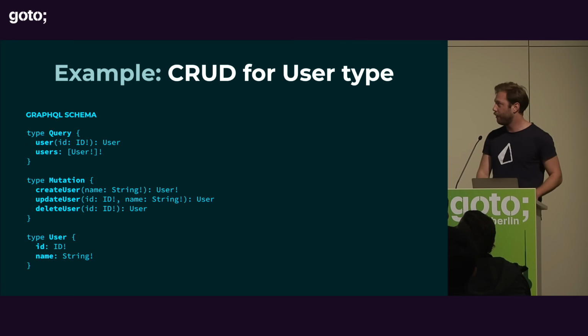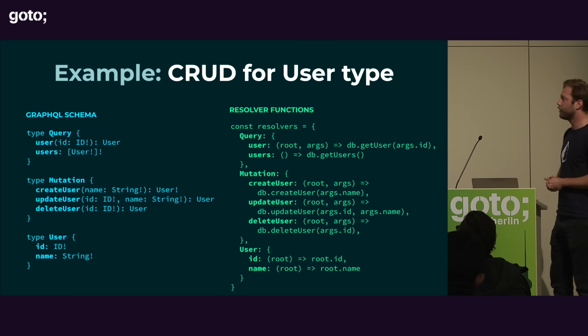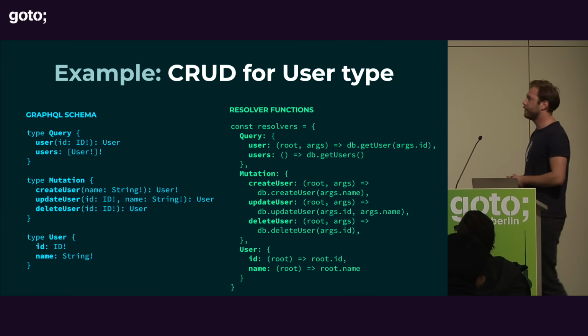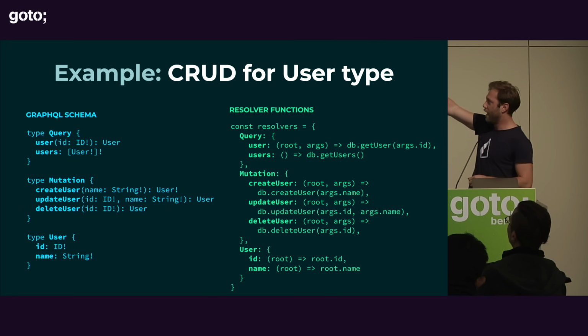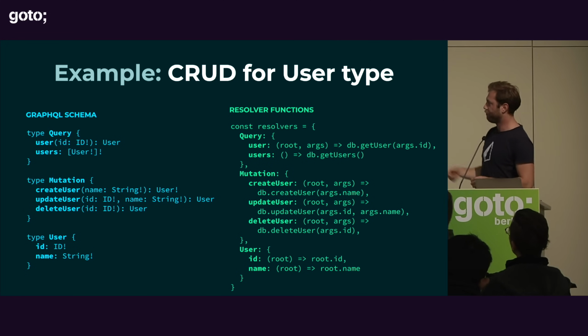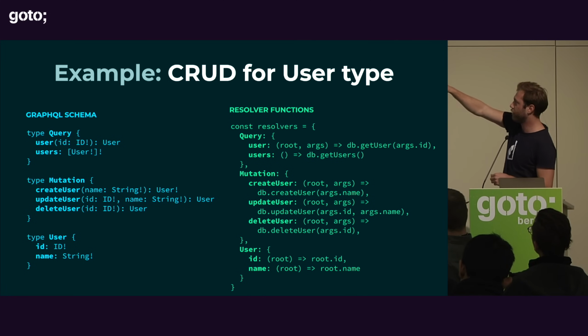What would it look like for the CRUD user type example? So again, we have a resolvers object, and then we follow the same structure, and for each field in the GraphQL schema, we have one resolver function on the right. So we have a resolver for both user and users for the two queries.